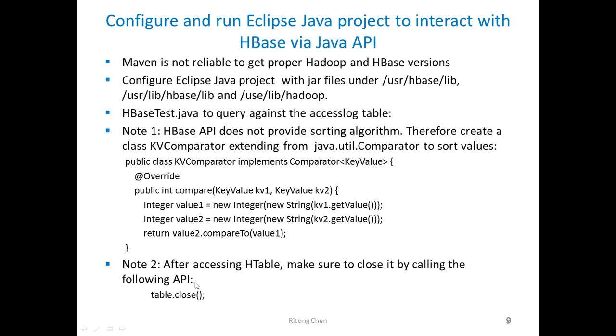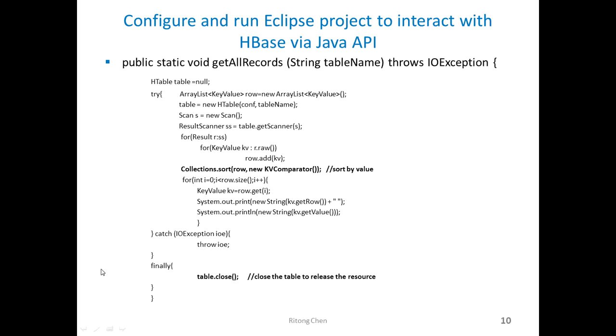And the second note, you'd better close the table after you finish using it, because it releases the resource. So here's my program that gets all records. Basically, just put the table and scan through all the records.